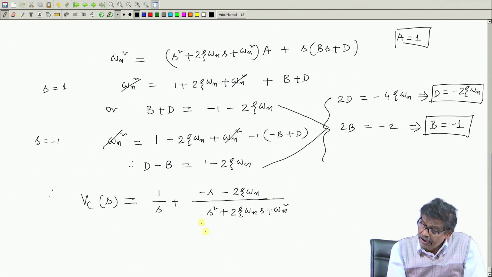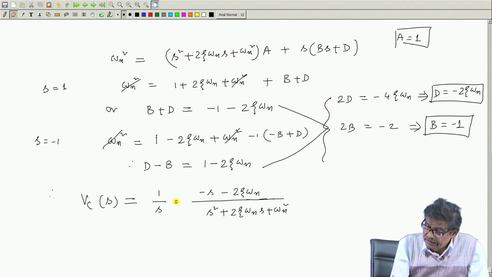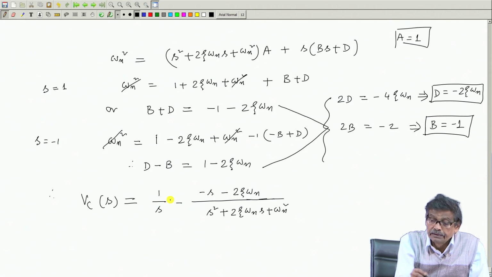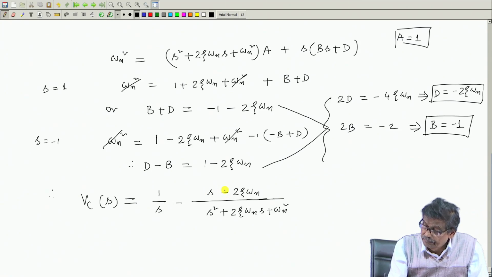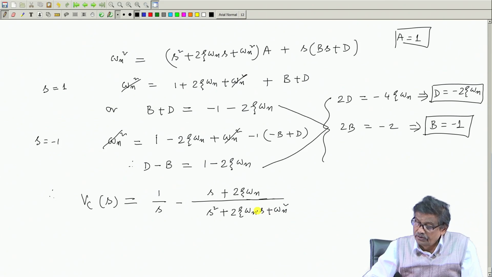Clear. And what you can do, this I will not rewrite, this minus I will put it before, and both these terms become plus. Next step, it will be like this, s plus 2 zeta omega n plus omega n square, etcetera.